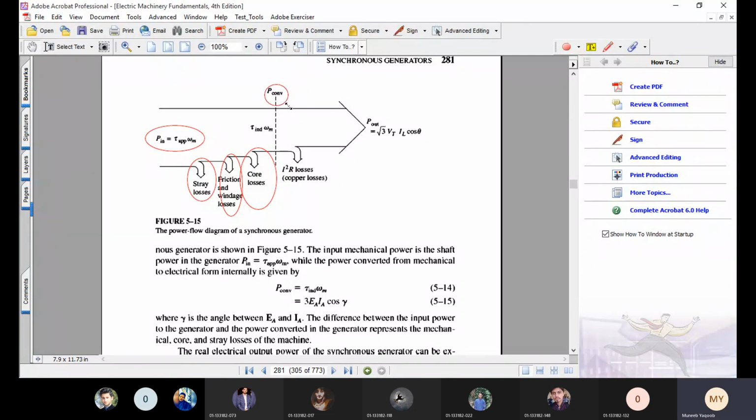After subtracting the stray losses, the mechanical losses, and the eddy and hysteresis losses, the power is converted into electrical power. But right after the conversion of mechanical power into electrical power, as we connect the generator with a load, a three-phase current flows in the three windings of the stator because the stator is three-phase wound.